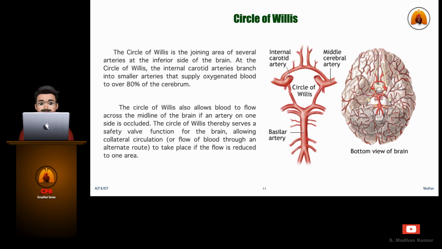Among the population, 15 to 20% to as high as 47% of people have an incomplete circle of Willis. So, the circle of Willis plays an important role in deciding whether to employ unilateral or bilateral antegrade cerebral perfusion to protect both left and right side of the brain.